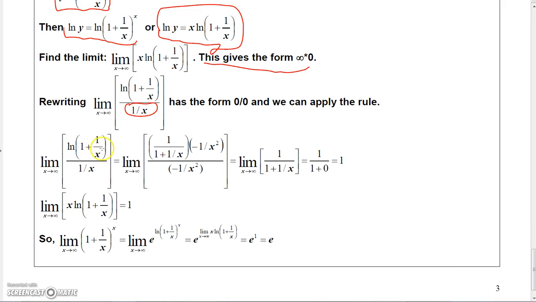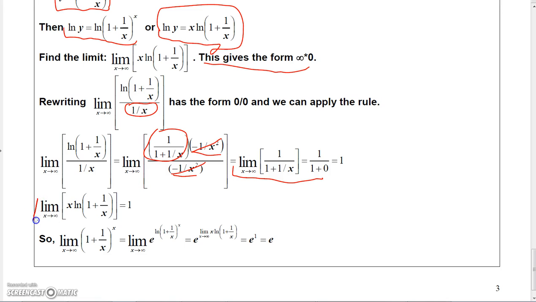If you take the derivative of the top, you get 1 over 1 plus 1 over x times the derivative of 1 over x, which is minus 1 over x squared. The bottom gives you the same derivative, and these two terms cancel, so you just get this. The limit of this as x goes to infinity is simply 1.